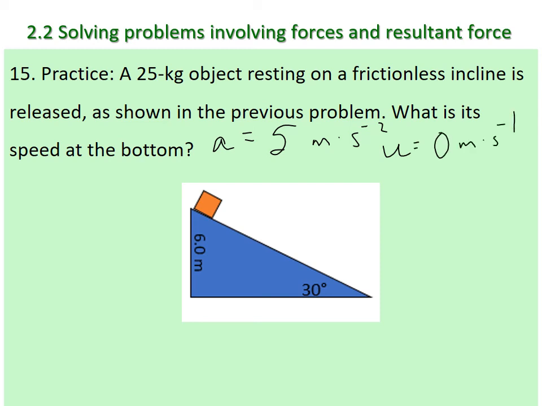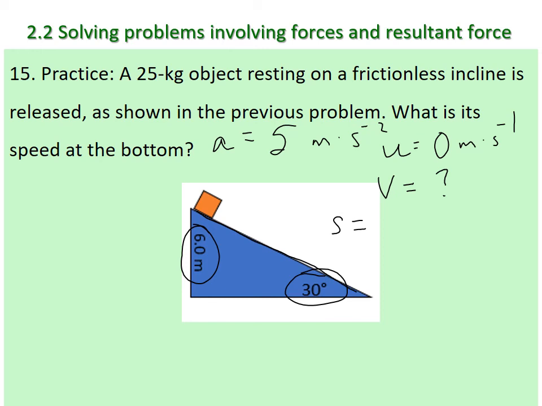I'm looking for V final, which means I either need the time it takes or I can solve for the displacement. So let's get the displacement of this object, knowing that the opposite side of my ramp triangle is 6 meters and my angle is 30 degrees. So I need this hypotenuse, which tells me the displacement of the object down the ramp.